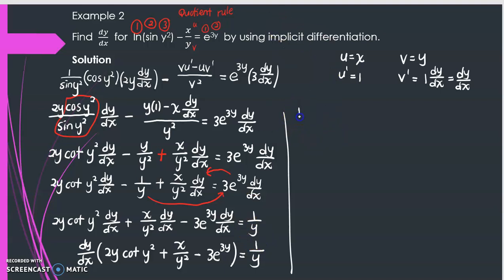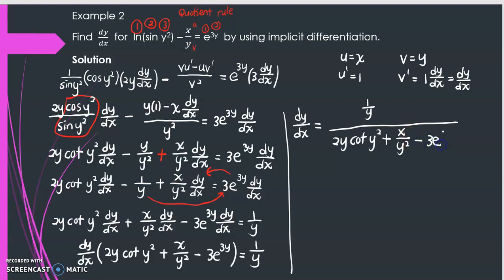So I should have dy/dx equals 1 over y divided by the whole bracket here, which is 2y cotangent y² plus x over y² minus 3 e^(3y). So you can just leave your answer in this form.